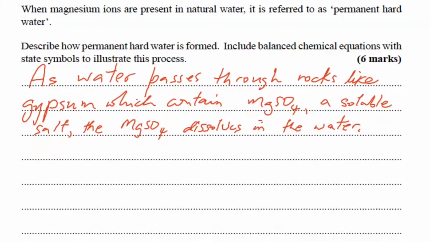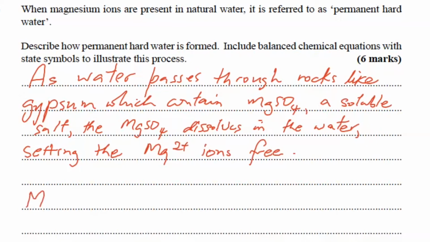As water passes through rocks like gypsum, which contains magnesium sulfate, which is a soluble salt, the magnesium sulfate dissolves in the water, setting the Mg2+ ions free. And all we would need for this is to include balanced chemical equations.